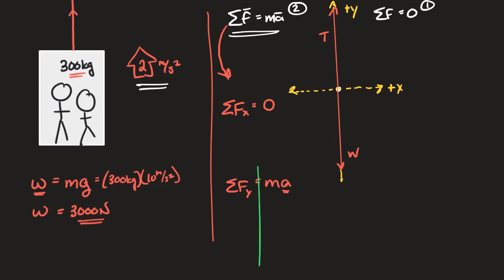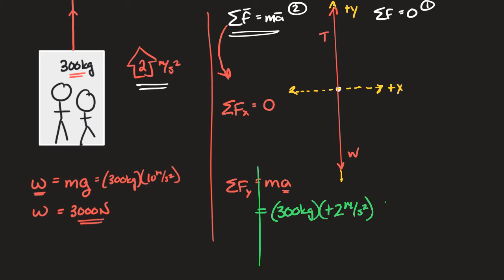The left side is what's causing it. I don't know which side of this line you're going to have. Different problems will provide you with different information. We actually know what's happening. A 300 kilogram elevator is accelerating upwards at 2 meters per second squared. We know that that's happening.